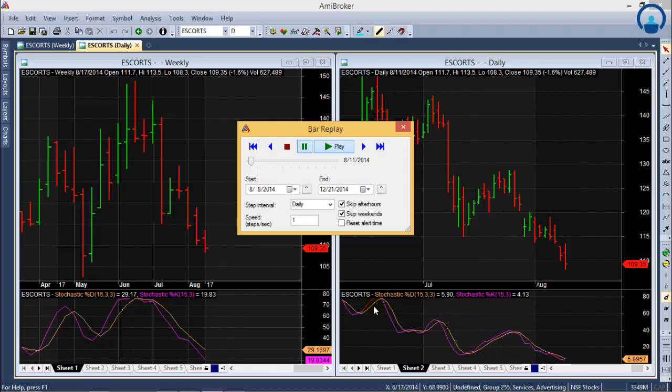Since weekly has reached the oversold zone, prices might either consolidate sideways or change direction and go up, but the chance of prices continuing downwards is very small.